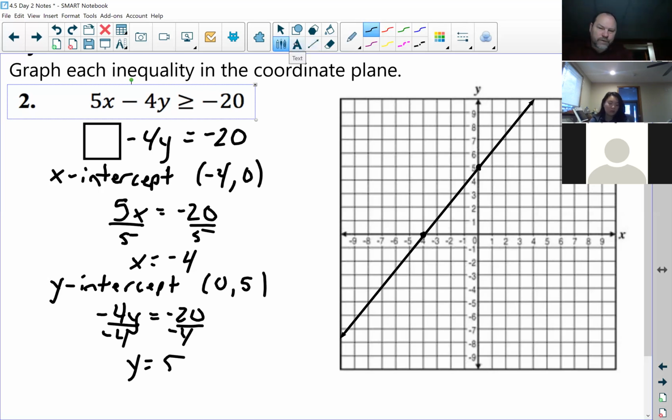Now I want to pick a point not on that line, like 0, 0, and see if my inequality is true.